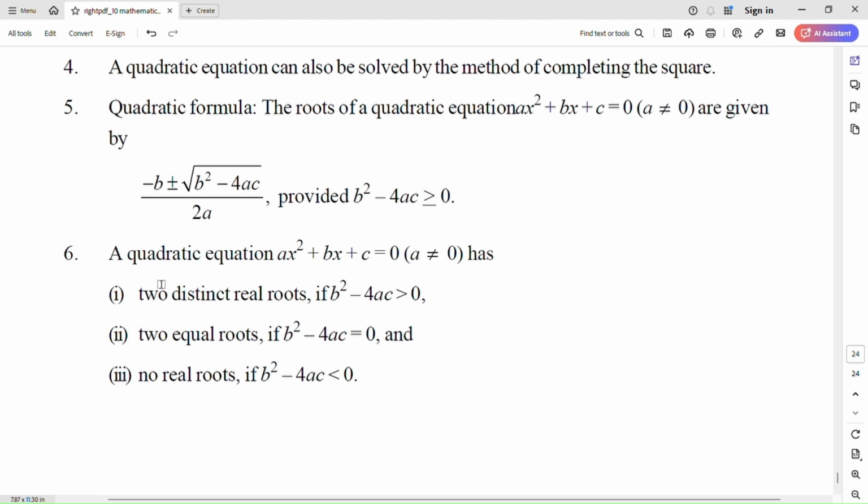The nature of roots can be determined by the discriminant. For two distinct real roots, b square minus 4ac is greater than 0. For two equal roots, b square minus 4ac is equal to 0. For no real root, if only imaginary roots, then b square minus 4ac is less than 0.